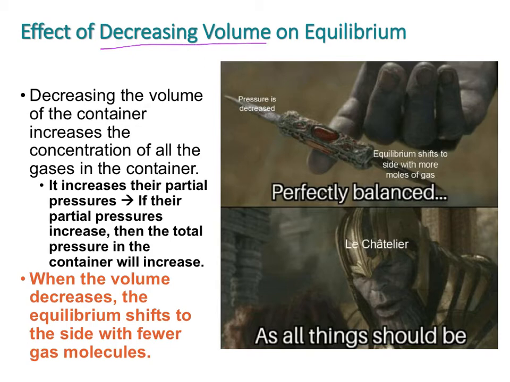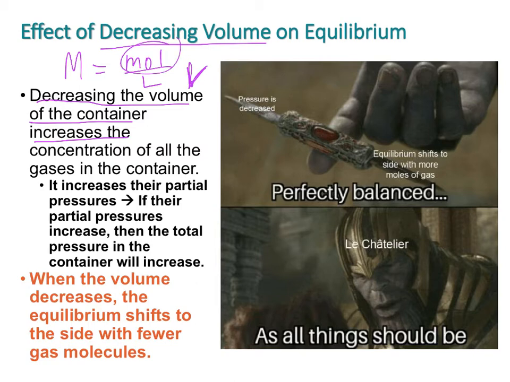That's another parameter that you can change for gases that really changes everything else about them as well. So what if we decrease the volume of the container? It increases the concentration because you have a lower overall volume. Remember that concentration, molarity, is moles per liter. Liter is a volume. So if you're decreasing the volume, you still have the same amount of moles.